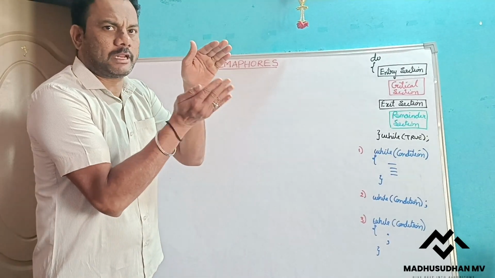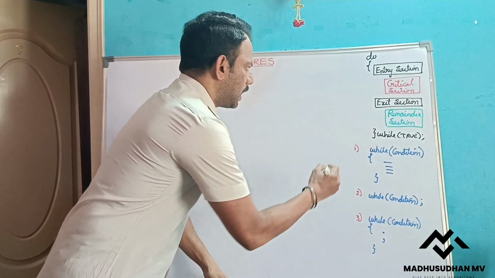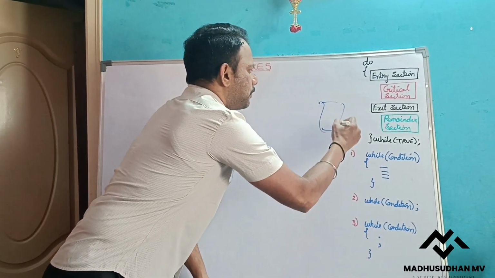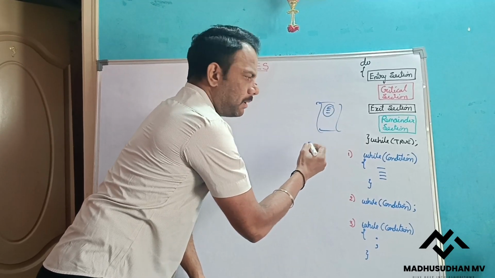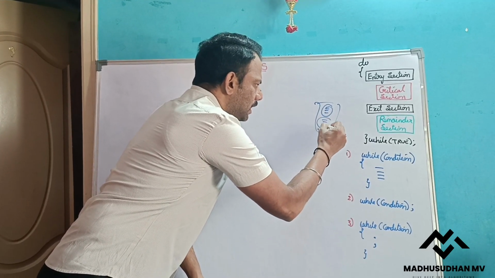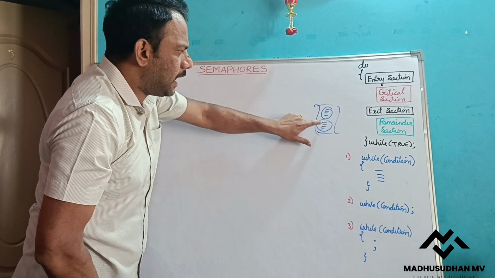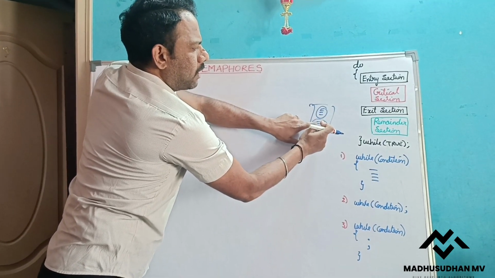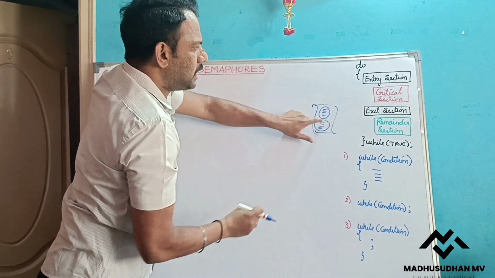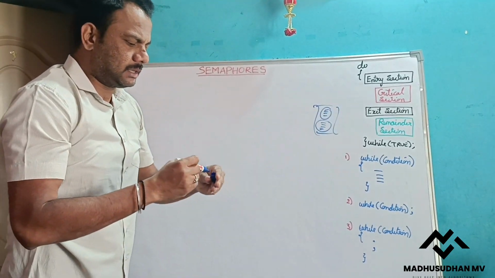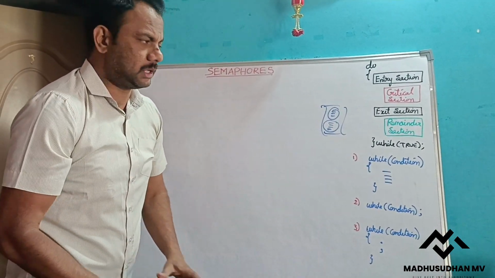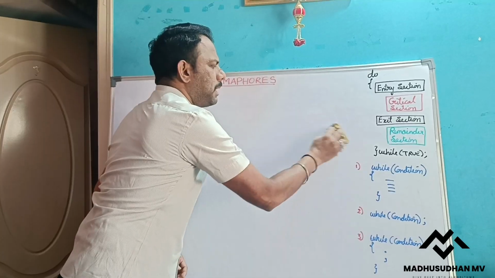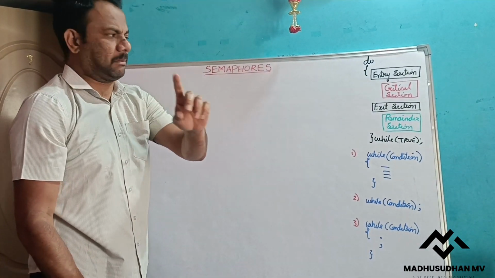We know that in every program, some parts are not shareable, and some part of the code is shared, and that is what we call the critical section. That critical section should be accessed by only one process at a time.